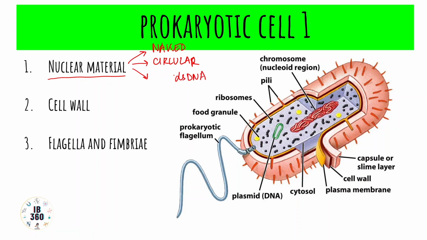Now this kind of nuclear material, the nucleoid, is one single chromosome, and can also be called a prochromosome, or genophore. We have talked about all this in the previous class. It's just a quick recapitulation.